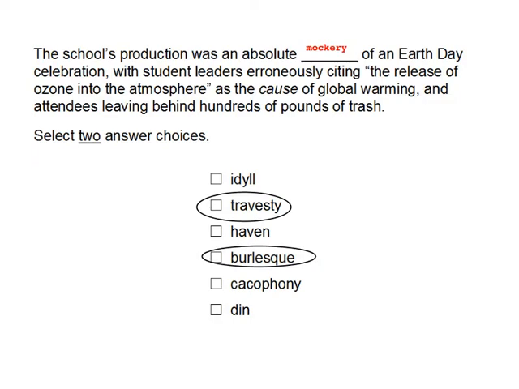You might be in there with, oh, okay, attendees are leaving behind hundreds of pounds of trash. Well, that sounds like a monster of a party. That sounds chaotic. But that would be reading a lot into this and going beyond the necessitated meaning for the blank, that it's not a good Earth Day celebration.